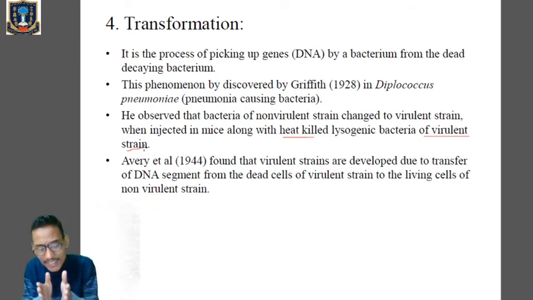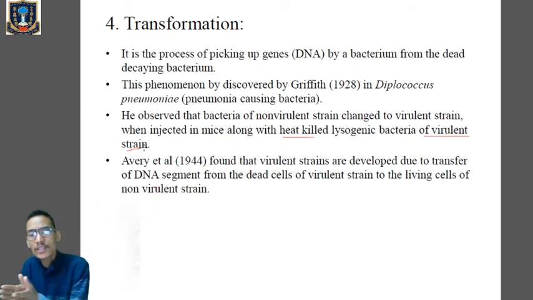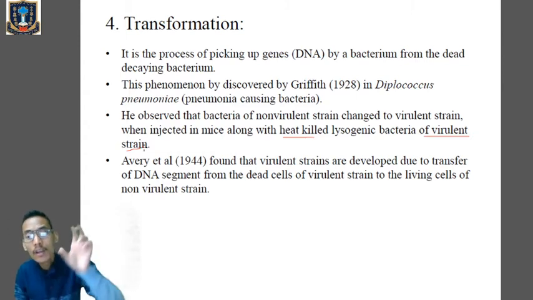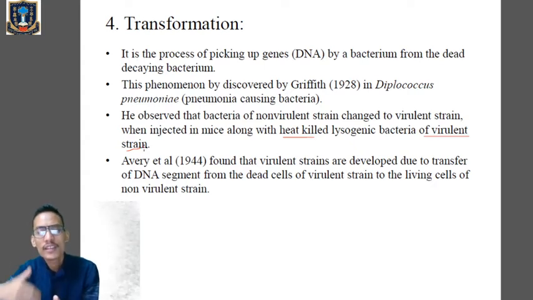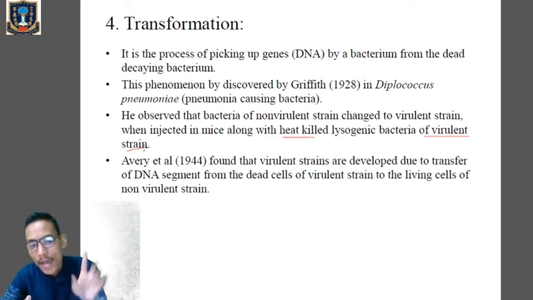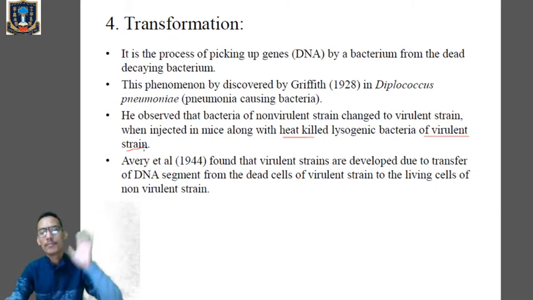But when he injected the mixture of these two strains, non-virulent strain and the heat-killed virulent strain, the mice was dead. How was it possible? You observe that in this case, heat-killed virulent strain was able to transform the non-virulent strain into virulent form so that the mice died.